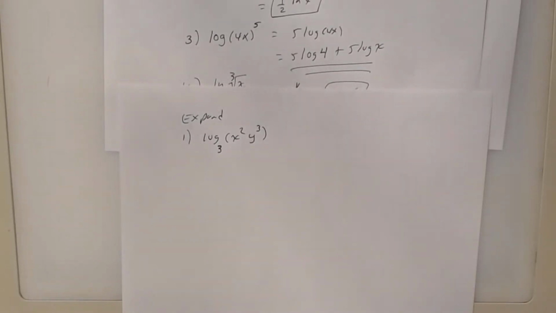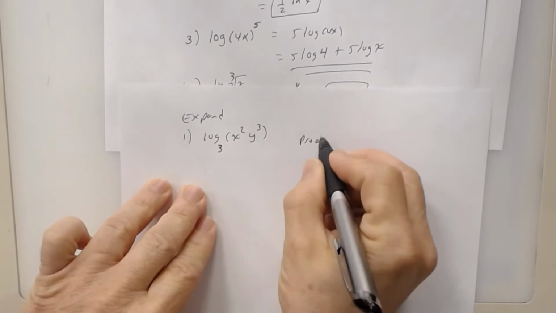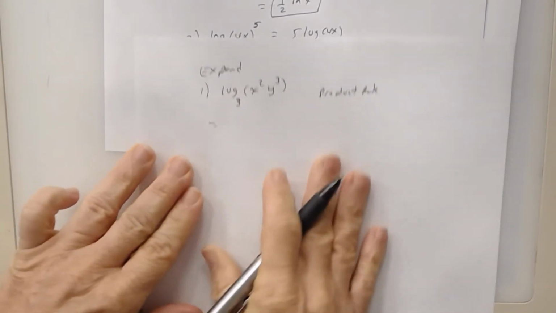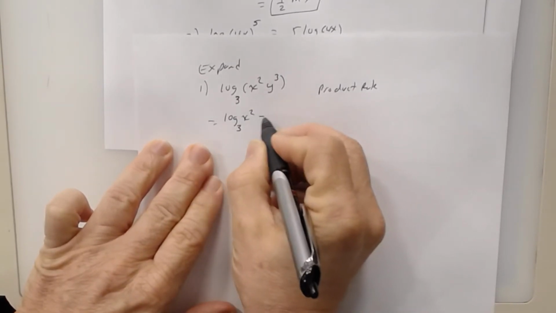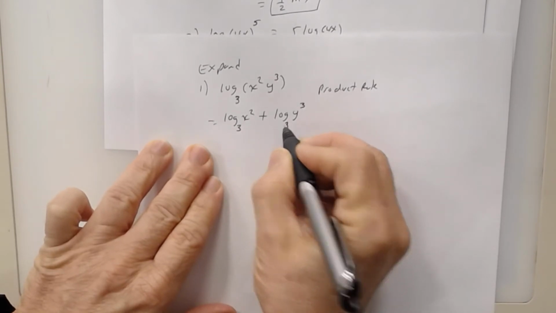Now, what are you going to do? Product rule. You can do the product rule first. So how do I write this using the product rule? Log of x squared base 3, plus log of y cubed base 3.